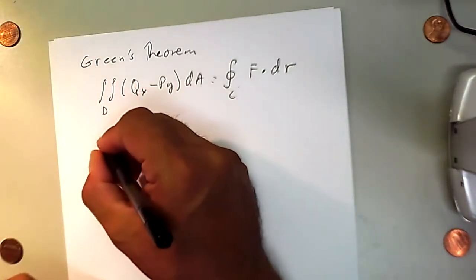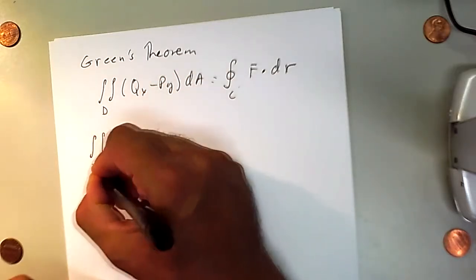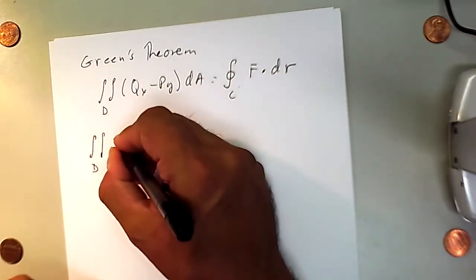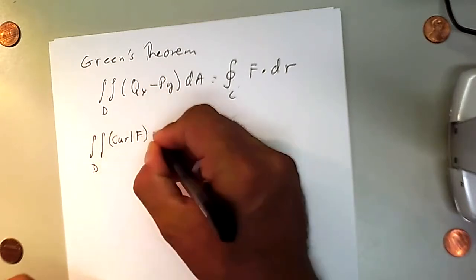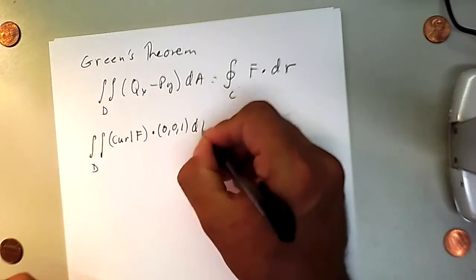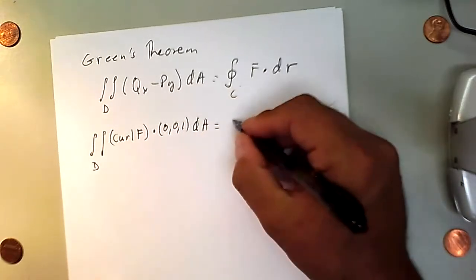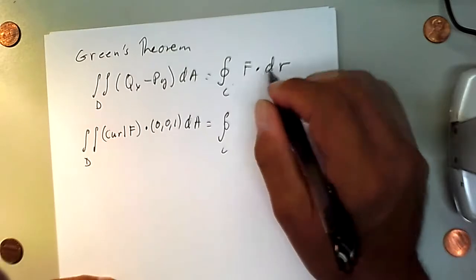So what we are saying is that the double integral over D of the curl of F dotted with 0, 0, 1 with respect to the area will be equal to the closed line integral of F.